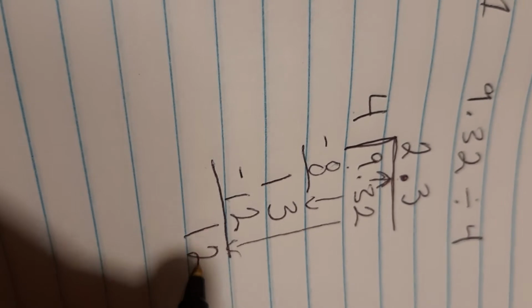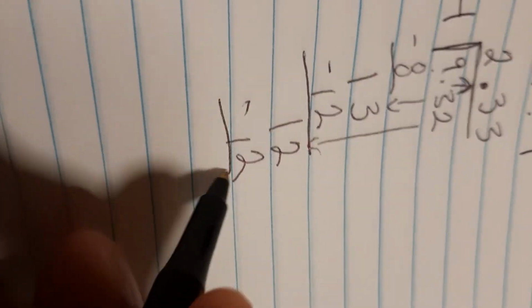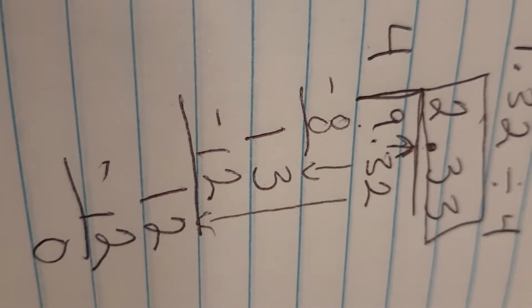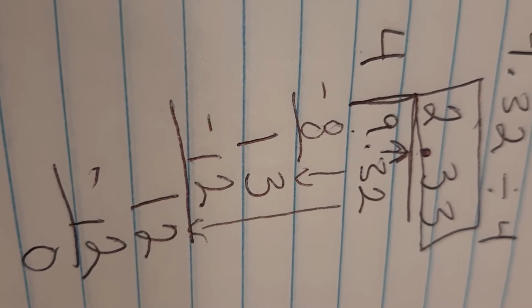Then I'm going to bring down my 2. 4 goes into 12 3 times. 4 times 3 is 12. Do my subtraction, 0. So our answer is 2 and 33 hundredths. So that's the main trick about dividing decimals by whole numbers.